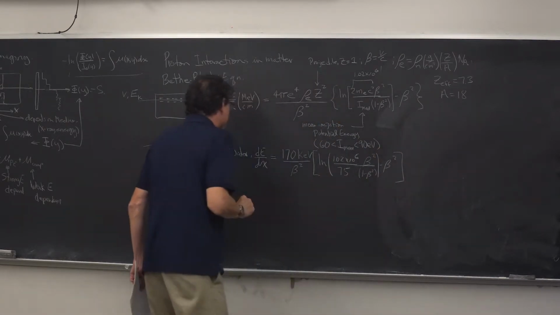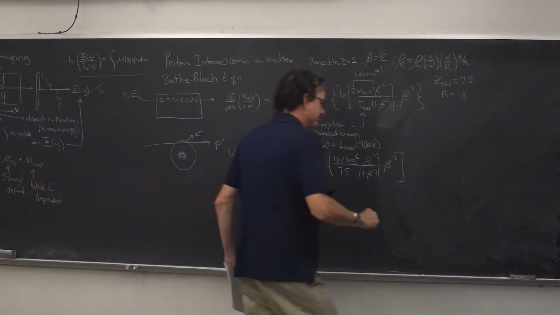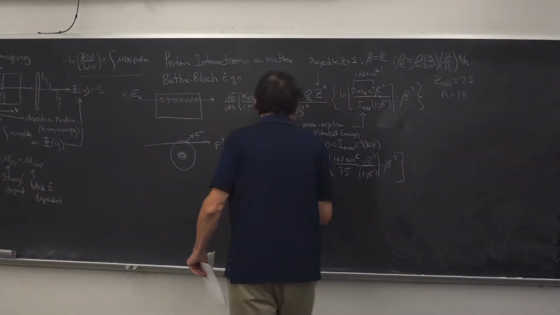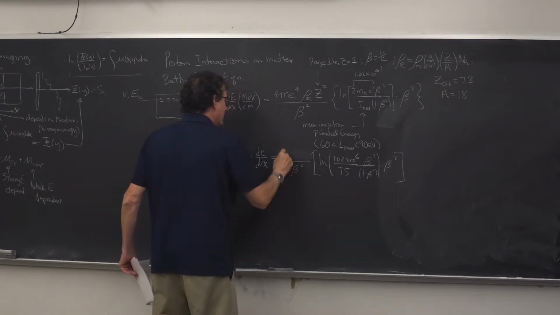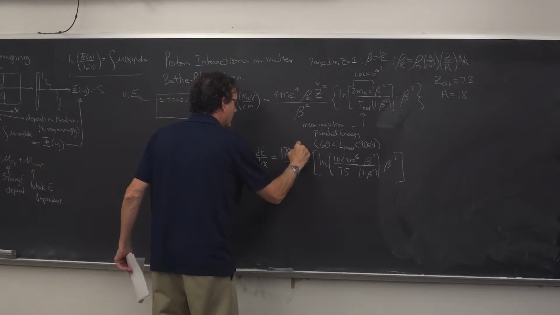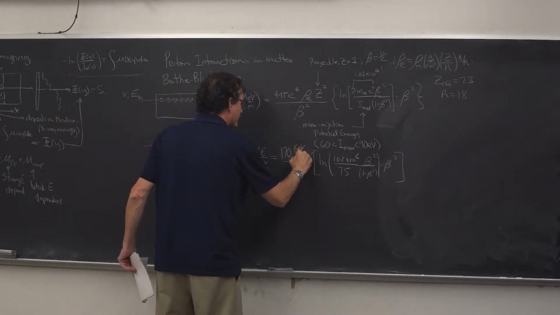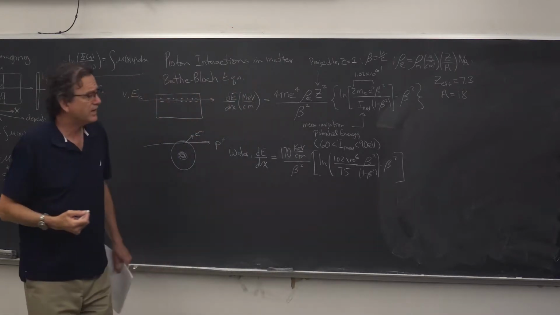Okay. Oh, I'm sorry, this should be keV per centimeter. We have to make sure we have the right units, so this is 170 keV per centimeter. Okay, so that makes it a little bit easier to work with.